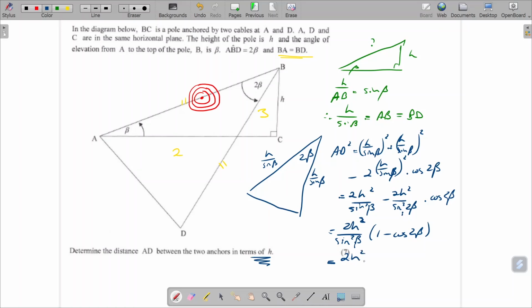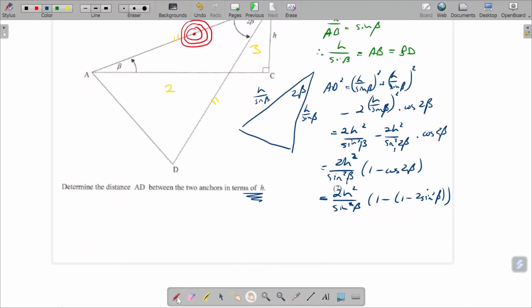So 2h squared over sine squared beta times 1 minus 2 sine squared beta, which is equal to 2h squared over sine squared beta times, 1 minus 1 is gone, minus minus is a plus, 2 sine squared beta.